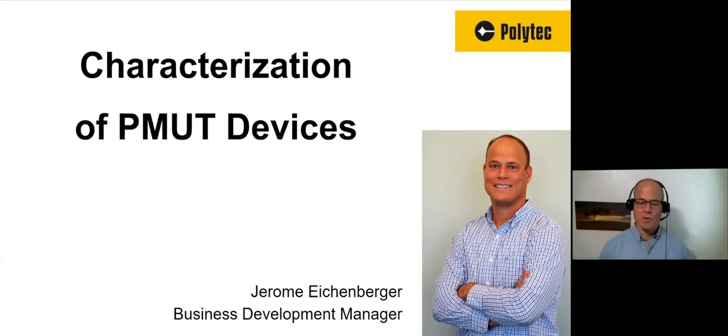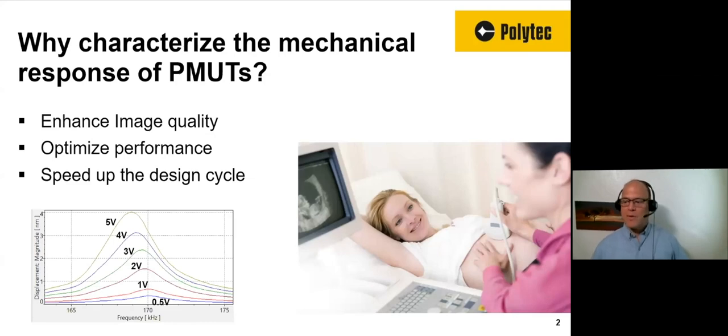I'm going to show the data live here in a little bit, but I'll start with a few introductory slides. So why characterize the direct mechanical response? In ultrasonic imaging, the quality of the picture can be compromised because of manufacturing variances leading to wavefront errors, for example.